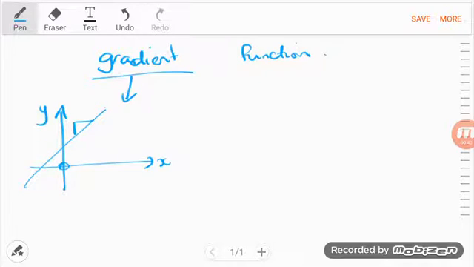So it's not just the slope that we're concerned about. What we are concerned about is the rate of change that this goes up. It's the rate that it goes up with respect to our horizontal aspect. So our gradient is traditionally rise over run.